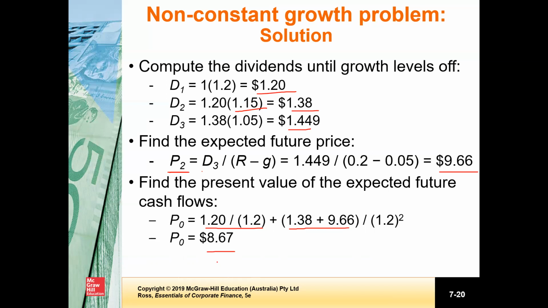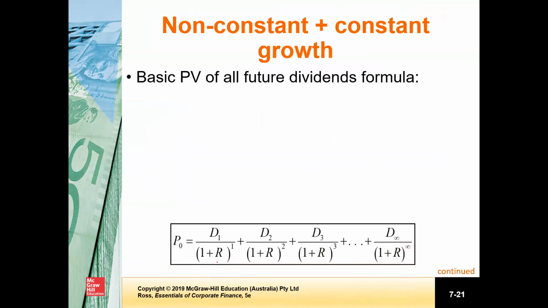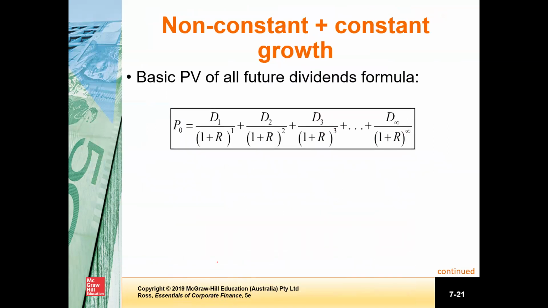So you find out the present value of dividends when there was a different growth rate, and then use your constant growth model when the dividend has settled down and become constant. So I think now you understand how we apply this formula.